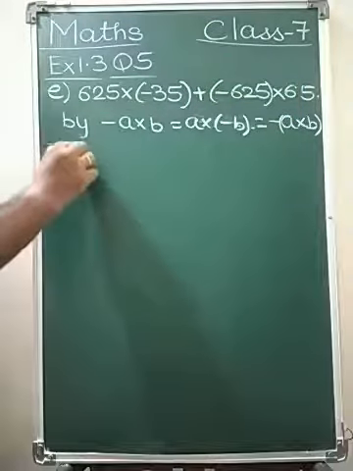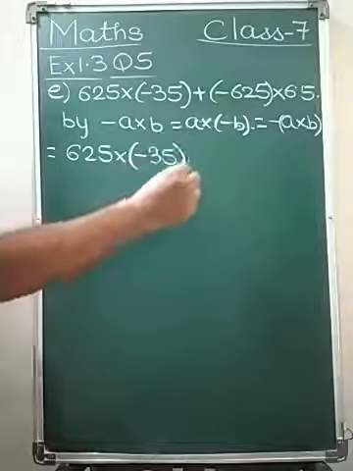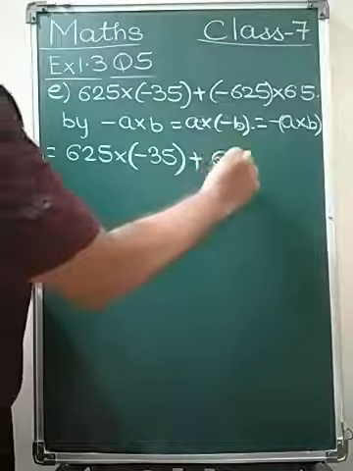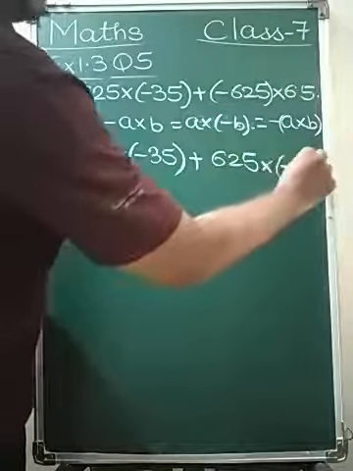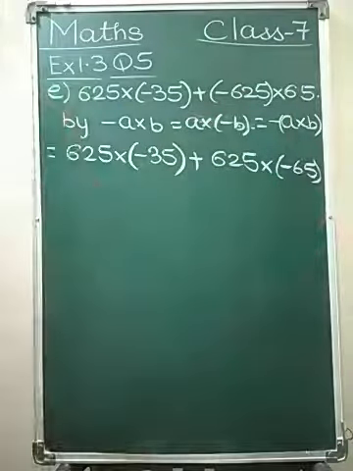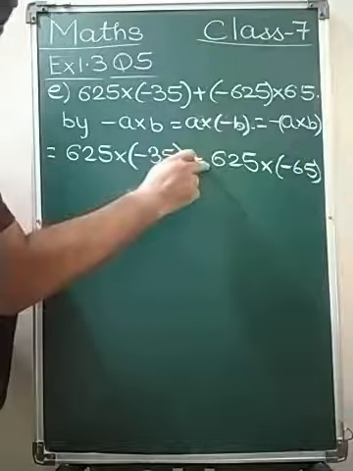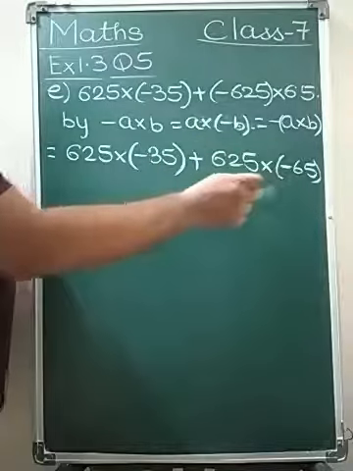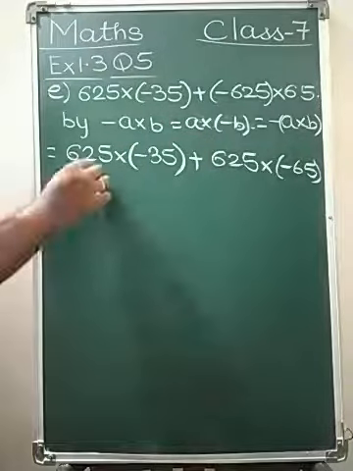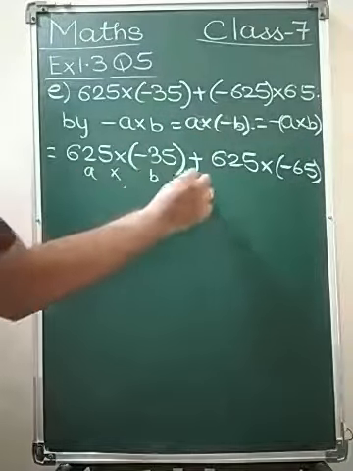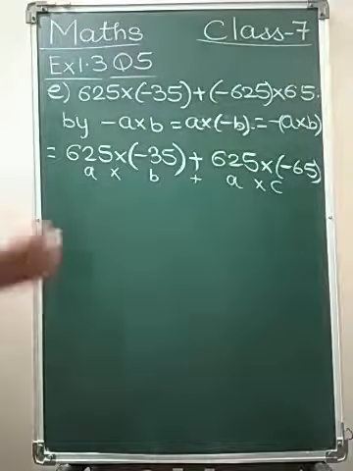So this equals to 625 multiplied by minus 35 plus 625 multiplied by, minus sign is transferred here, so minus 65. Ultimately, when we are going to multiply these two, we are going to get a negative integer. Let the negative sign to be here or here, it will make no difference in the answer. So what we have done, now we have transferred it to 65. Now here you can clearly see A multiplied by B plus A multiplied by C. Distributive property.